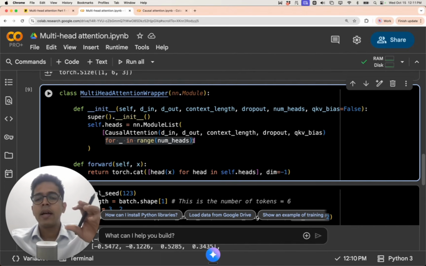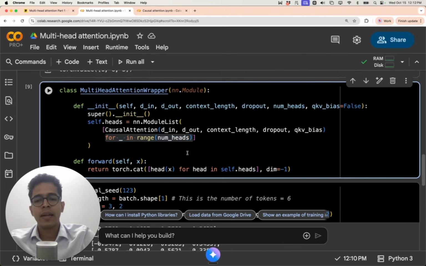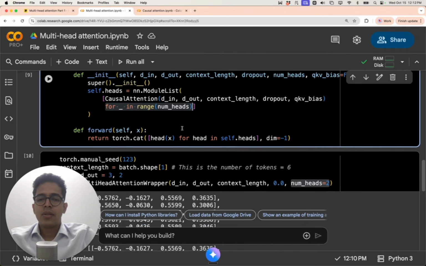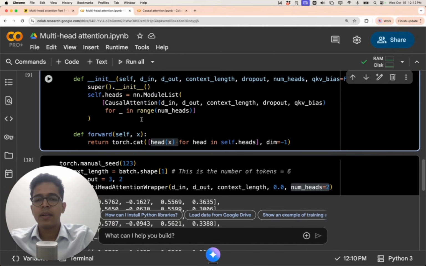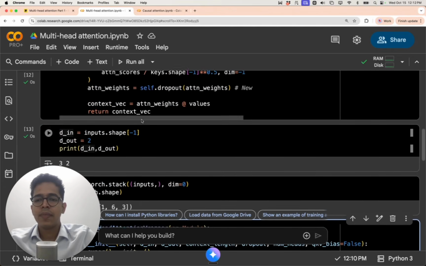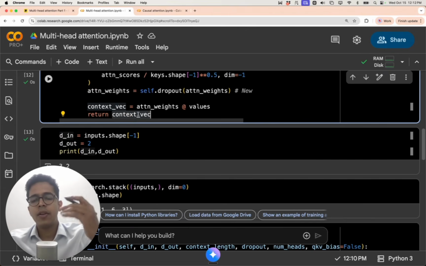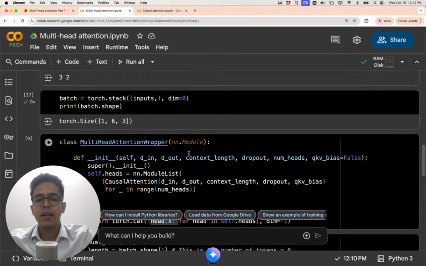But you can concatenate the outputs that you get from both of these attention heads. This is the concatenation operation. So the final thing that you get as a return is, for each attention head, the output concatenated. You are calling head of X, and whatever is returned is the context vector. So like that, you will get two context vector matrices because you have two attention heads.